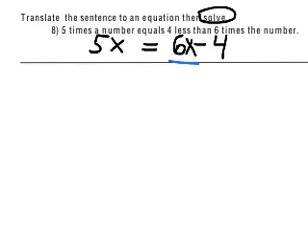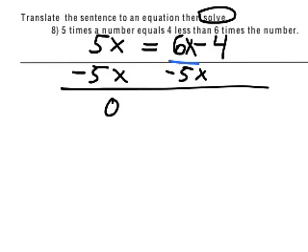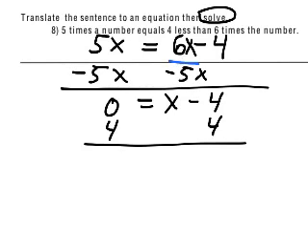You'll get your variables positive anyhow. So I'm going to add a negative 5x to both sides. And so I end up with 0 equals, again, just x minus 4. Add 4 to both sides, and I get x equals 4.